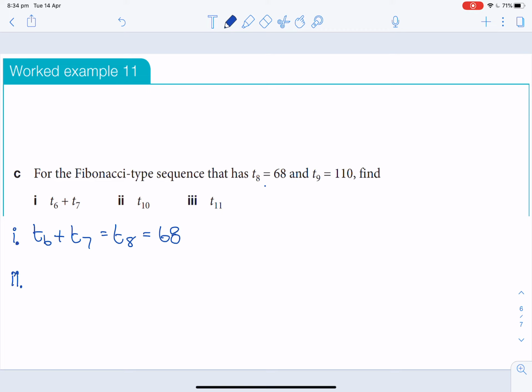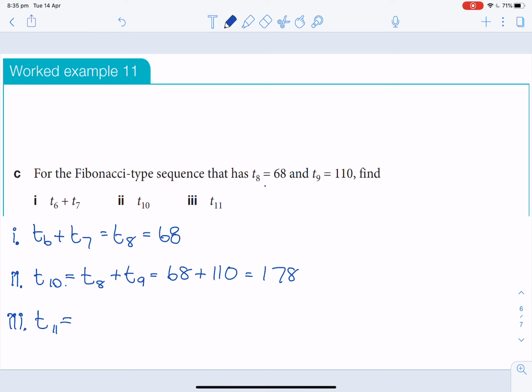Part 2, T10. But in order to find T10, I need the previous 2 numbers. T8 plus T9, we've got both of those, which is 68 plus 110 equals 178. The third part, we have T11.